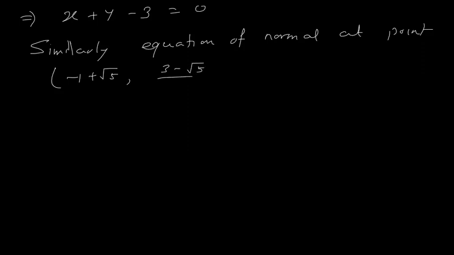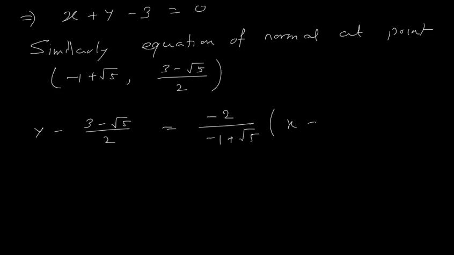So here the equation will be y minus y1, that is (3 minus root 5) divided by 2, equals m, where m is minus 2 upon (minus 1 plus root 5), into x minus x1, so x plus 1 and this will become minus root 5. So y minus (3 minus root 5) upon 2 equals m into x minus x1. This is again an equation of normal.